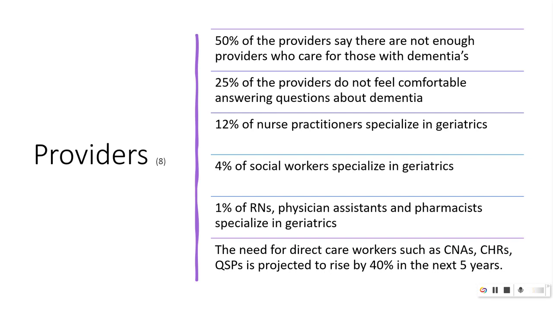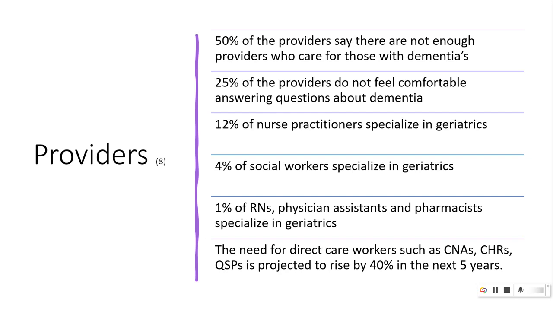So 25% of the providers do not feel comfortable answering questions about dementia. And this could maybe be the reason why an elder goes into the emergency room and gets diagnosed with dementia, because the provider is just not comfortable running the tests, not knowing exactly which tests to run because they just don't have that experience.